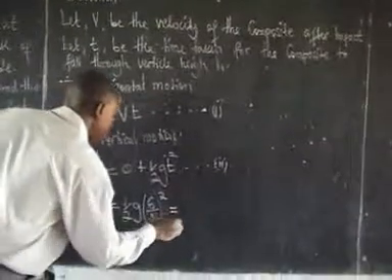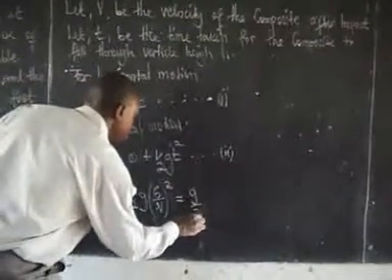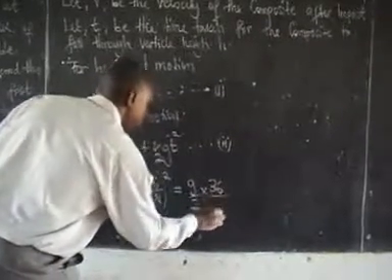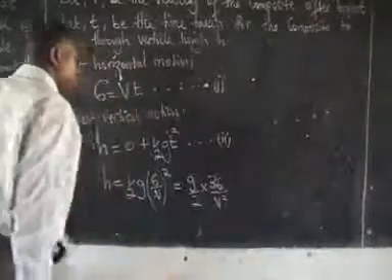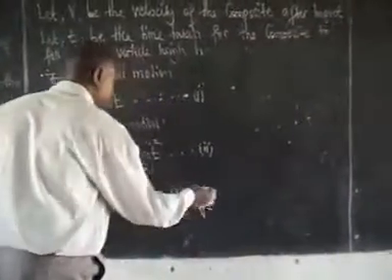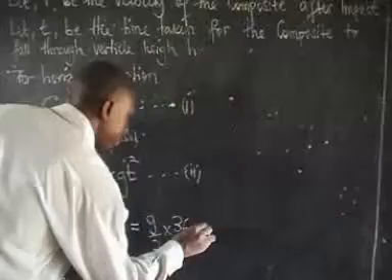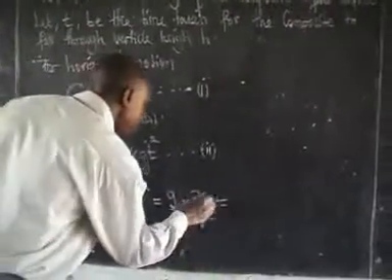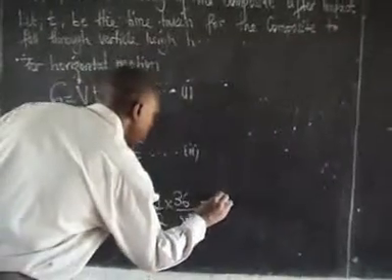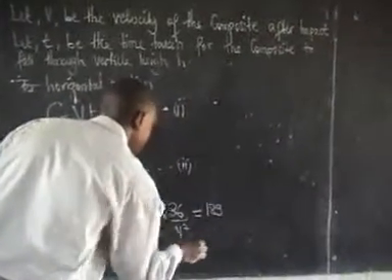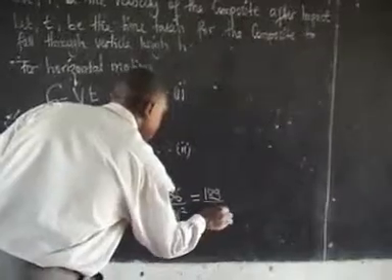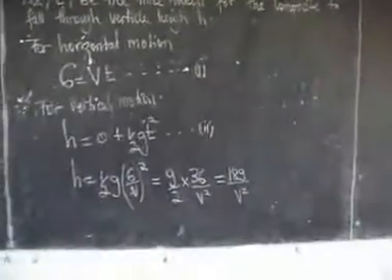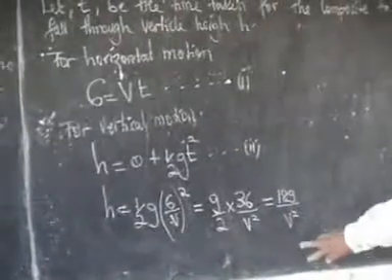This is the same as g over 2 times 36 divided by v squared. So you can even simplify this further, 36 divided by 2, this is 18g over v squared.